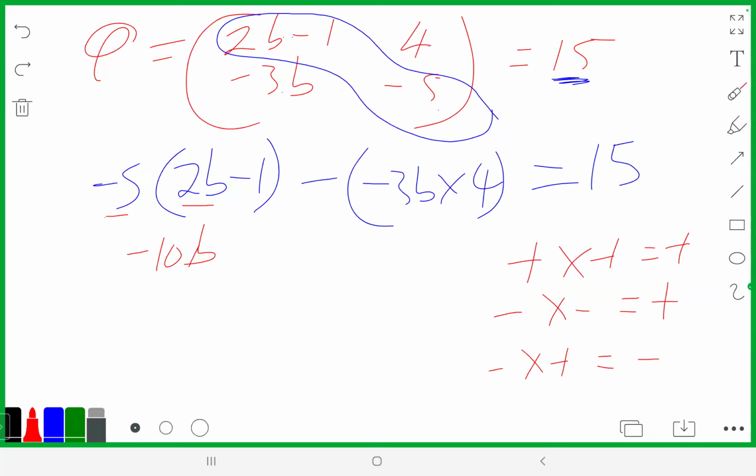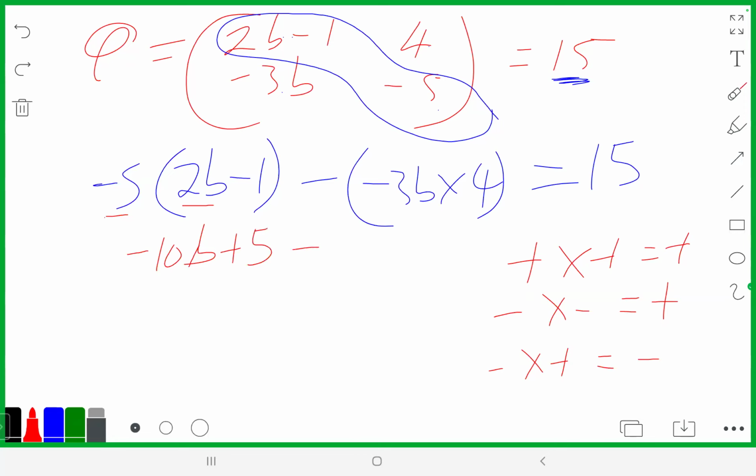So what is negative 5 times negative 1? Hello, what is negative 5 times negative 1? It's positive 5. All right, thank you. It is positive 5.